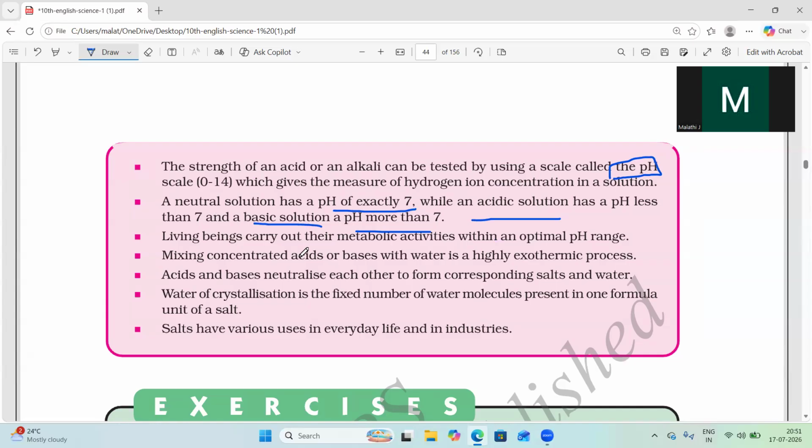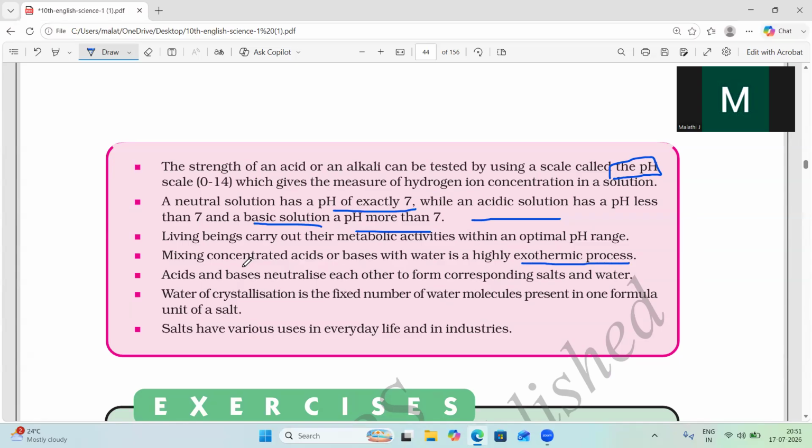Living beings carry out their metabolic activities within an optimal pH range. We said already that living beings have fixed pH values. If the pH values change, the living beings will get diseases. Mixing concentrated acids or bases with water is highly exothermic.